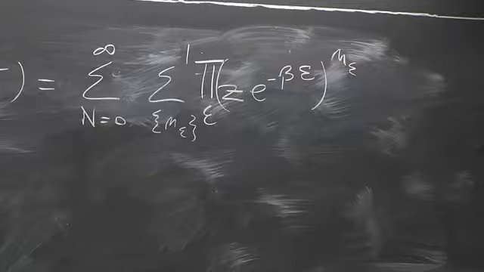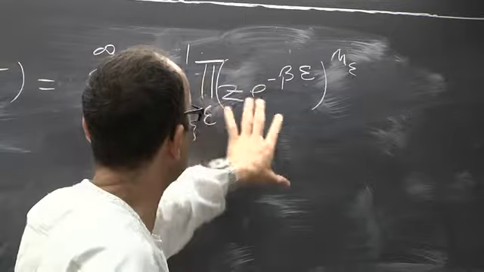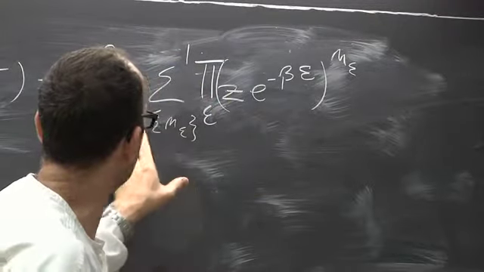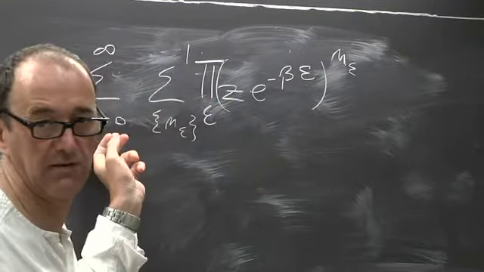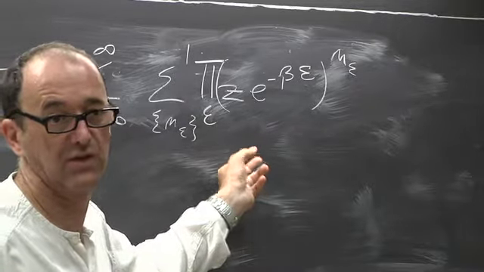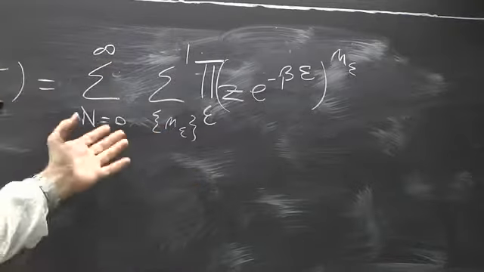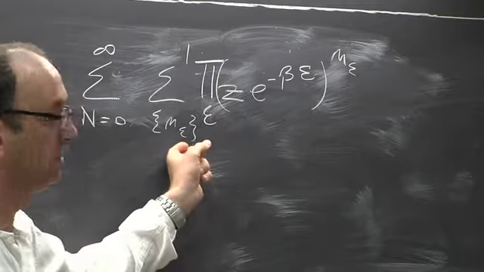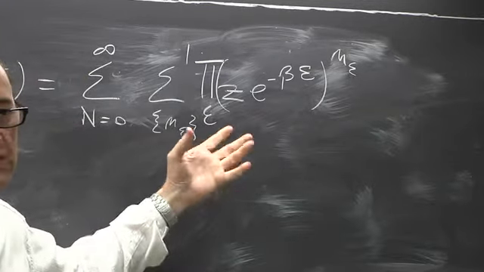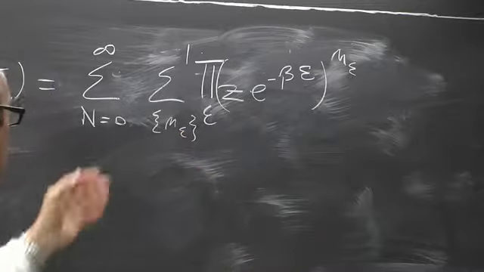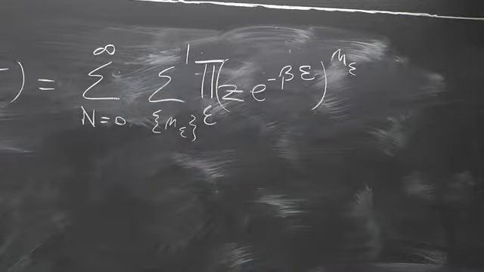And now what I have to do is to sum this object first over all the states with the constraint that they have a fixed sum, and then sum over the sum. So essentially this is equivalent to summing this object over all the possible occupation numbers without any constraint, because then I'm summing over all the values of n.